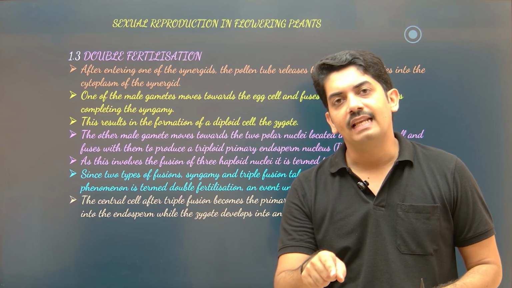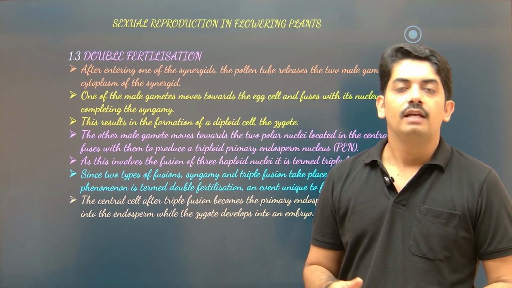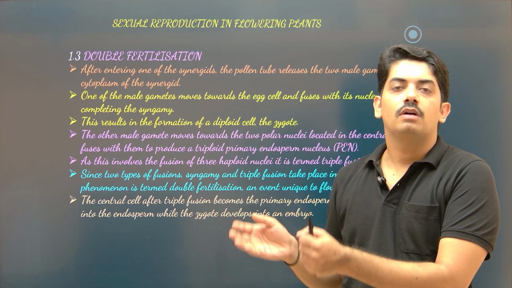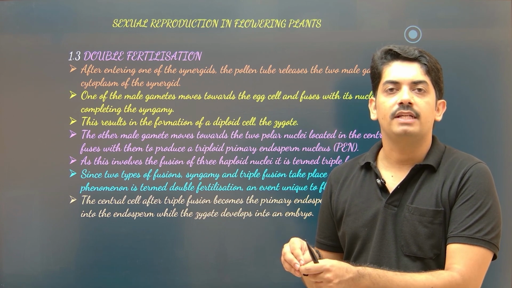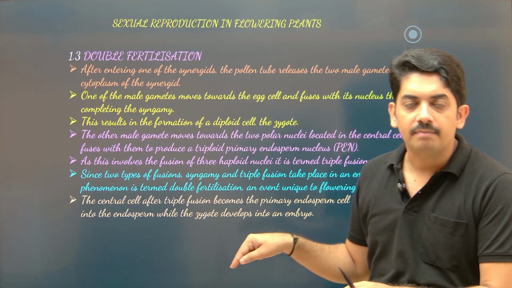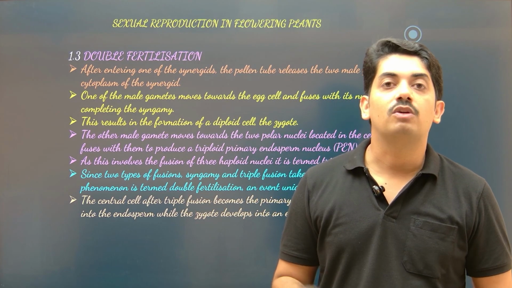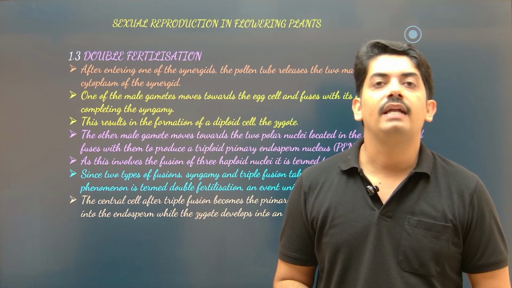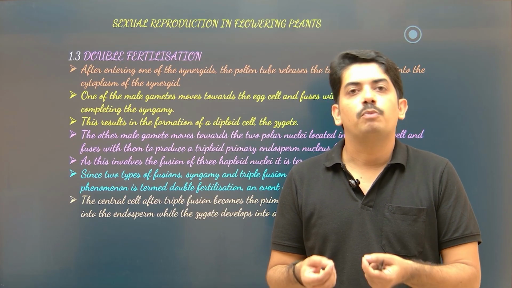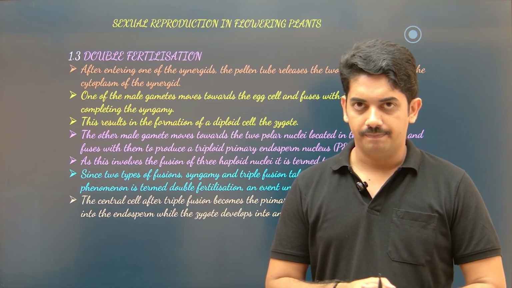One of the male gametes fuses with the egg and leads to syngamy. Fusion of male and female gametes leads to the formation of the zygote. At the same time, another male gamete fuses with the polar nuclei, and we call it triple fusion, which makes sure that the polar nuclei after fertilization develop into endosperm.